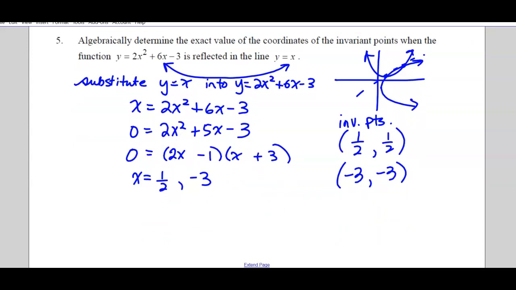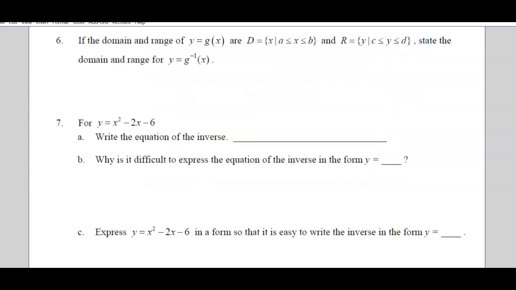Okay, question 6. That shouldn't be really an issue. I'm just interchanging those. So this is domain and range of the original. You're finding the inverse, so your new domain is using the values of the original range.